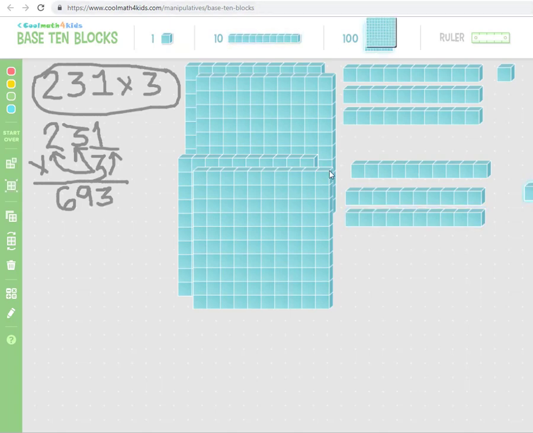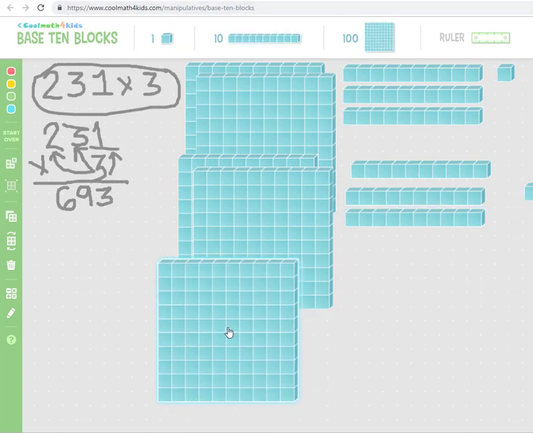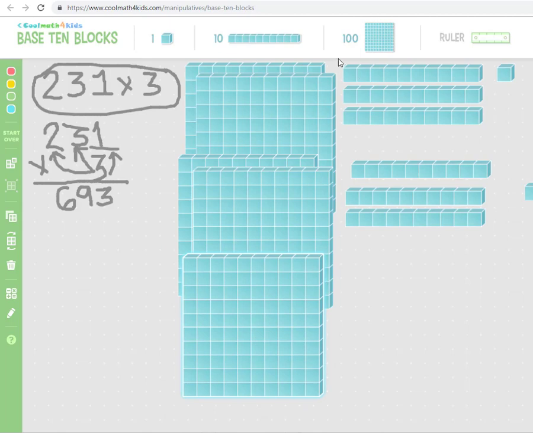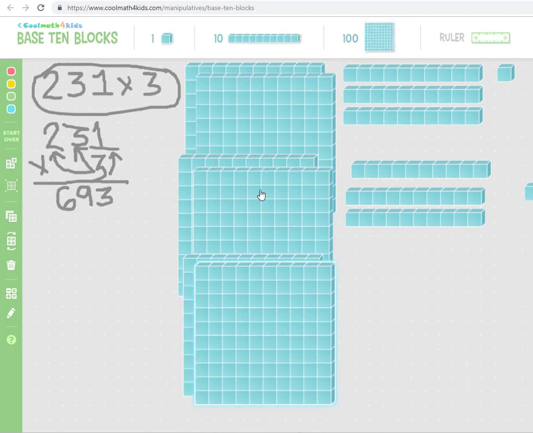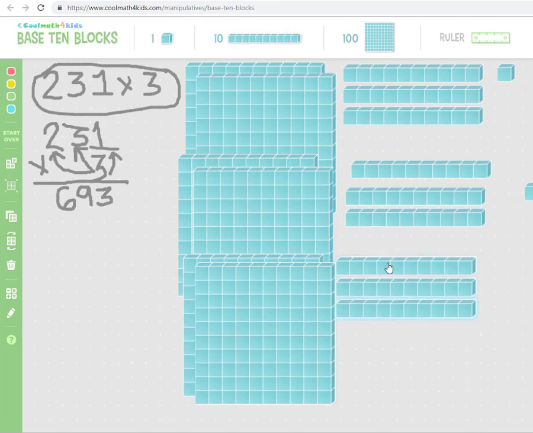And then another 231. Remember, we said this thing was happening 3 times. So let's do it again. There's 200 and 10, 20, 30, 1. So I hope you agree that on my screen here, I've represented the number 231 3 times.